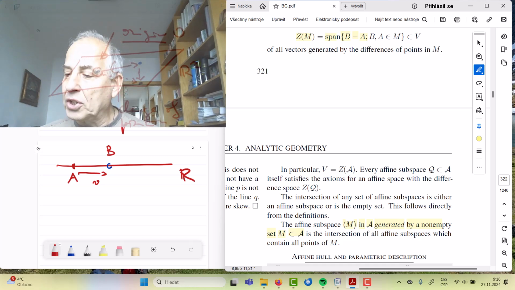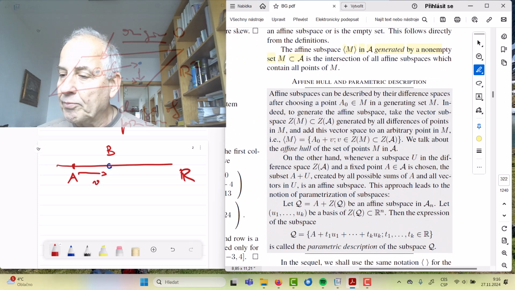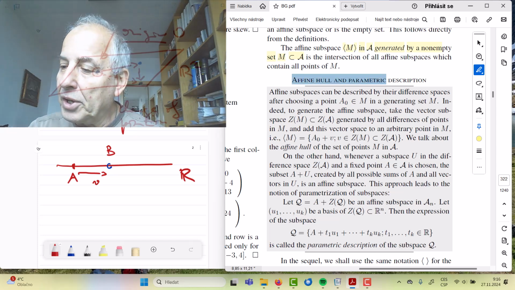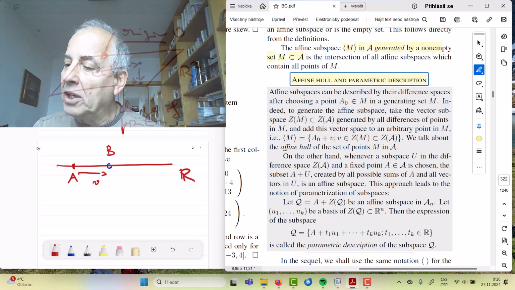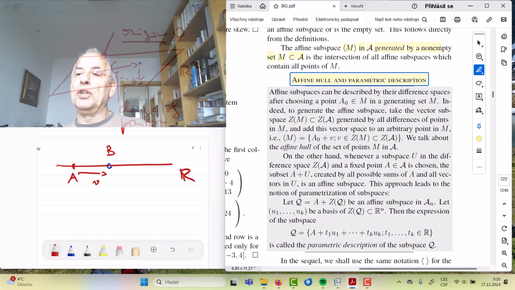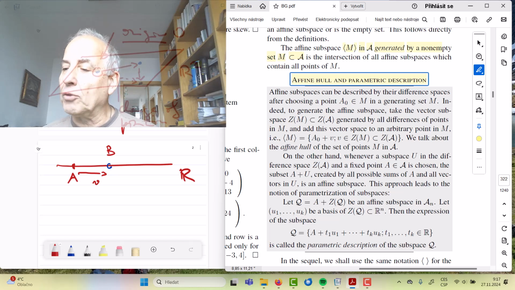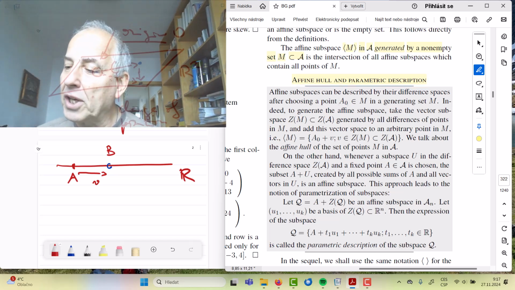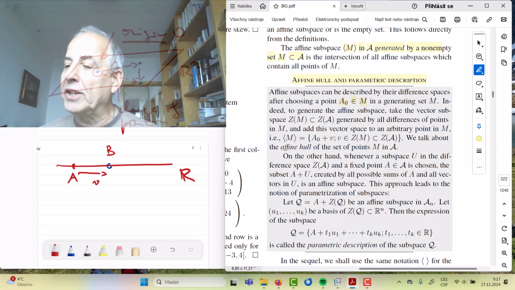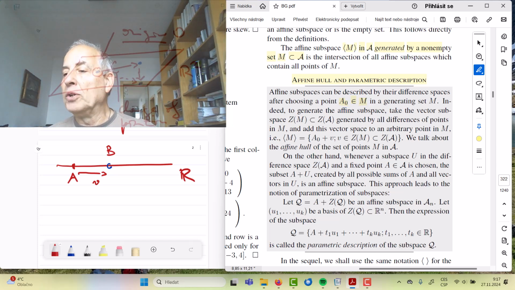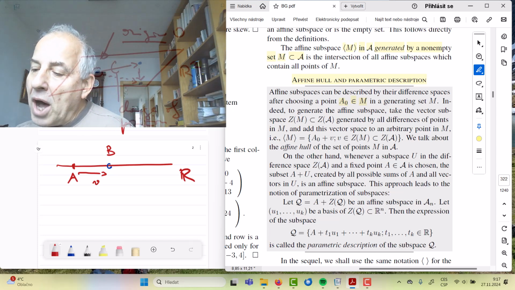And this coincides with the more usual abstract definition, which is here. So the affine hull could be also defined as the intersection of all affine subspaces which contain the set of generators, right? And as it's written here, if I fix one of the points in M, the affine hull will be exactly what we told now.